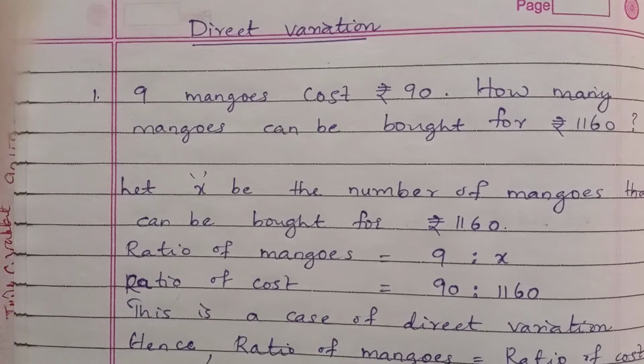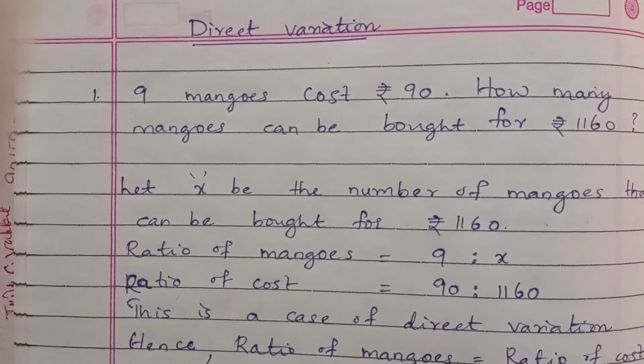That is, if number increases, cost also increases. Otherwise, if number decreases, cost also decreases. Another example, we know that when we increase the speed, the distance covered will be more. These are the examples of direct variation.